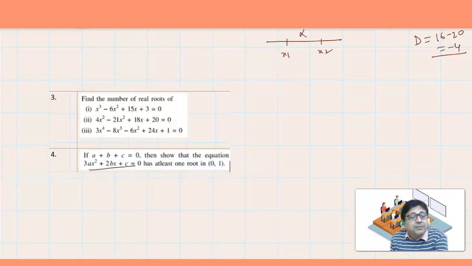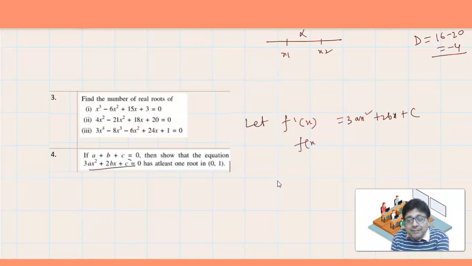Then our calculation will be easier. It means f(x) will always be the integration of this equation. We have to choose the function first, then we can approach this kind of sums. f'(x) is 3ax square plus 2bx plus c.